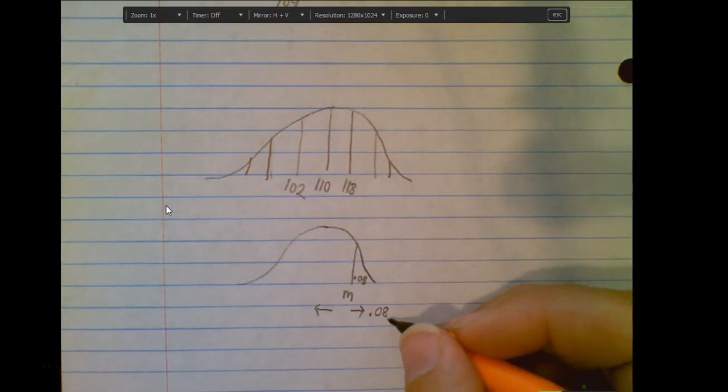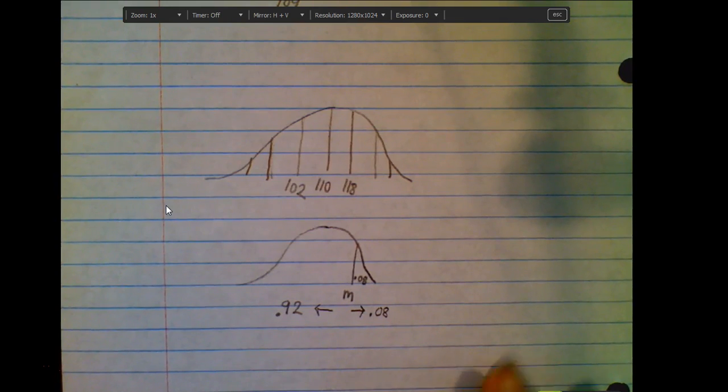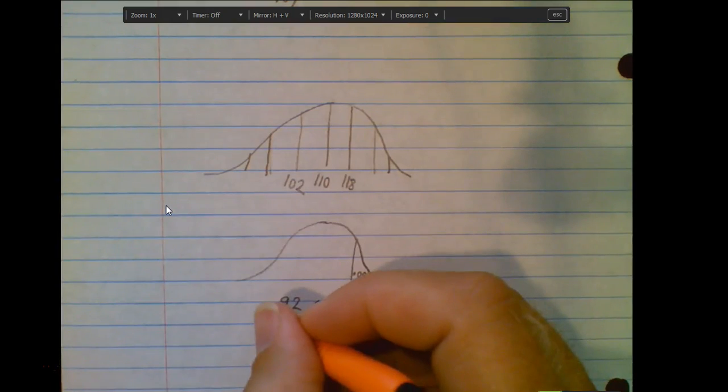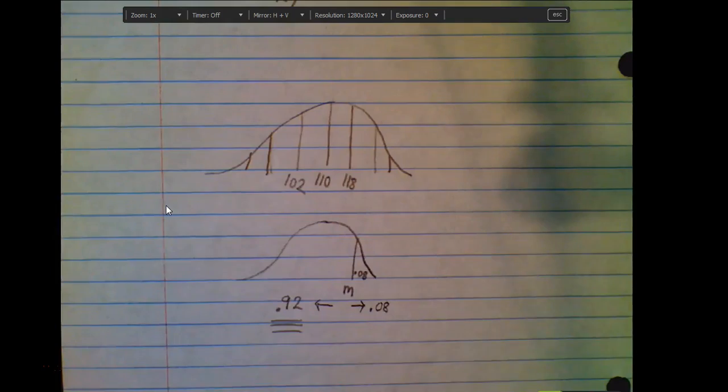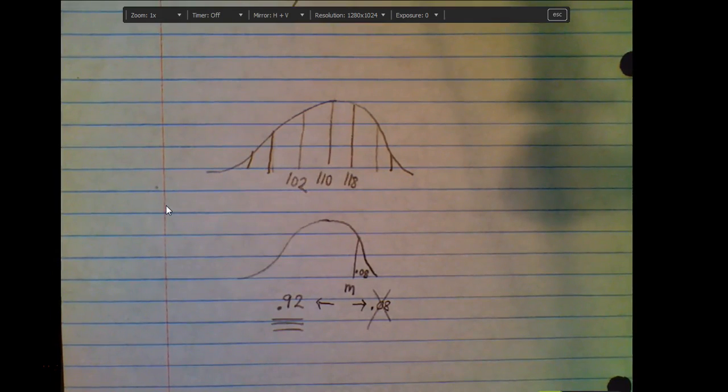So if I do 1 minus 0.08, that means 92% is to the left. That's really important because when you answer the area question within your calculator, it always wants to know what is to the left of your variable, never to the right. So it's the 0.92 that we have to put in there for the area within our calculator. So don't miss that. That costs people a lot of points on the test.